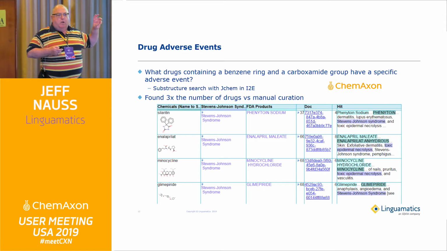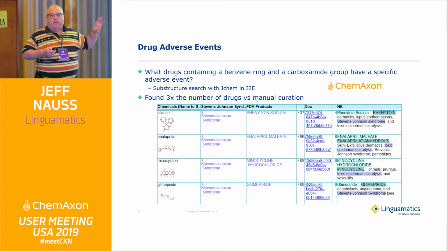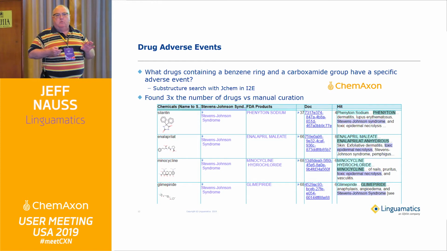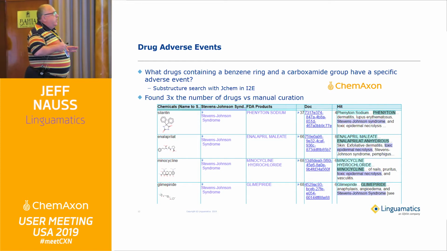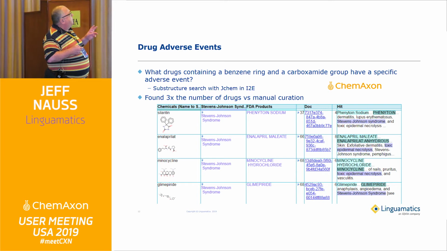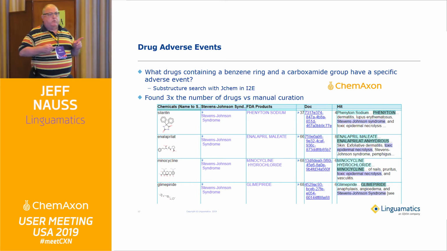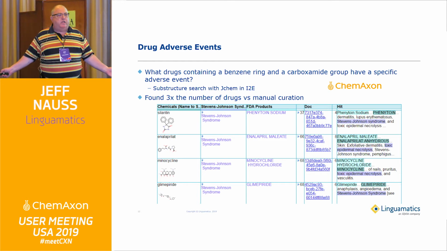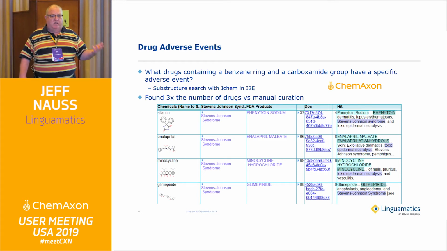This is an example of a relationship we worked with FDA on, where they were interested in adverse events, extracting those out of the adverse event reporting system. And what they were interested in were chemical compounds that had a benzene ring or a carboxamide group. So we used ChemAxon JChem to be able to identify those compounds that had these two chemical substructures in there.